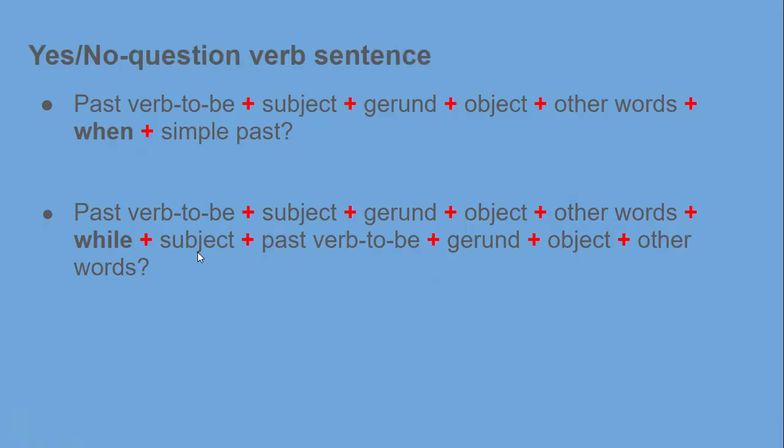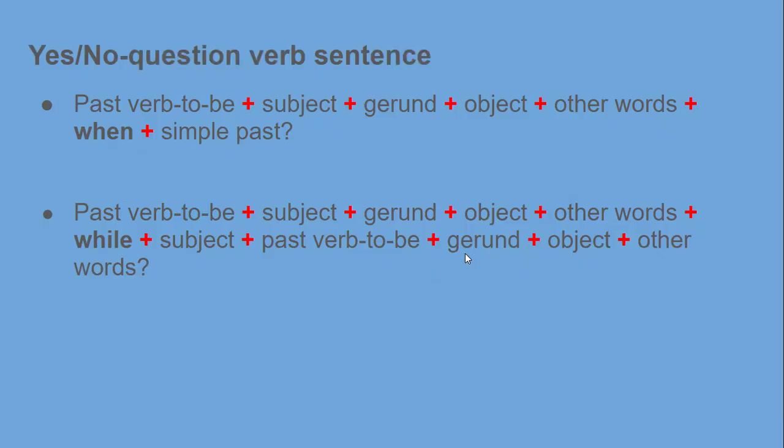The second action, which is happening at the same time with the first action, should also, of course, be in the past continuous tense, okay? Now remember, this is a continuous sentence. So that's why we need the gerund to show that the sentence is continuous.